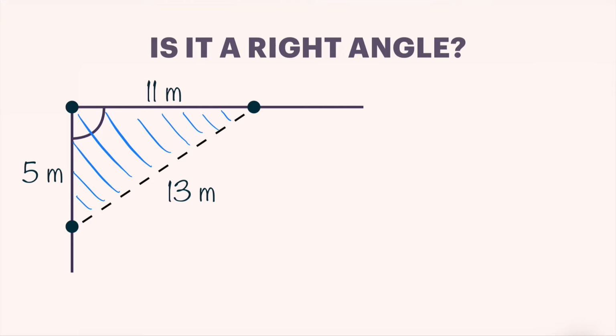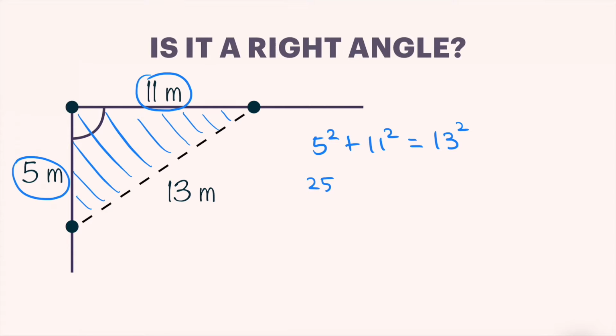The square of the two shorter sides, 5 and 11, so 5 squared plus 11 squared is supposedly equal to 13 squared. 5 squared is 5 times 5, and that is 25, plus 11 squared is 121, is equal to 13 squared, that is 169. 25 plus 121 is 146, is equal to 169 if this triangle was a right triangle.